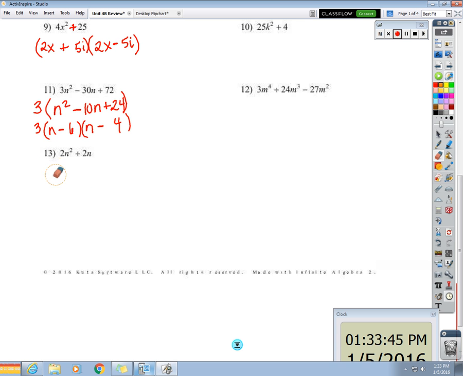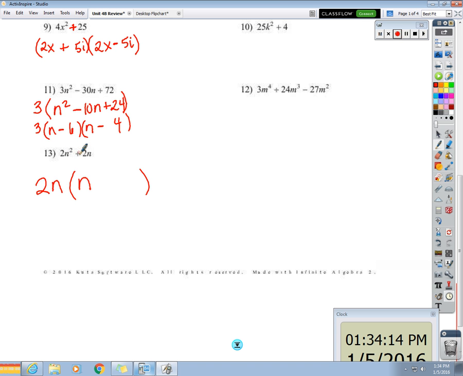Any ideas where we'll start with number 13? Well, yeah, but is there a GCF? Is there something the same in both of those? 2. And what else? Both of them have at least one n, right? So you can pull out 2n as the GCF. Now, when you pull 2n out of 2n squared, what do you leave?